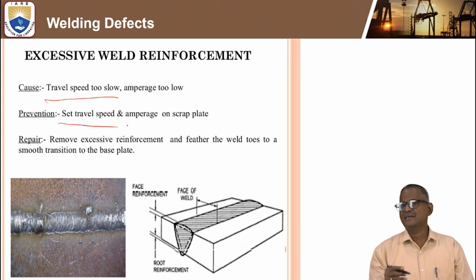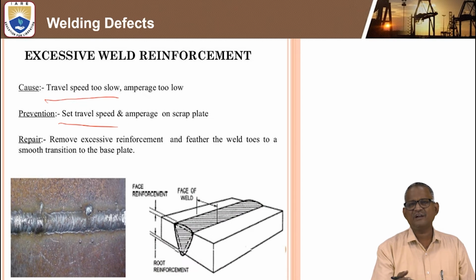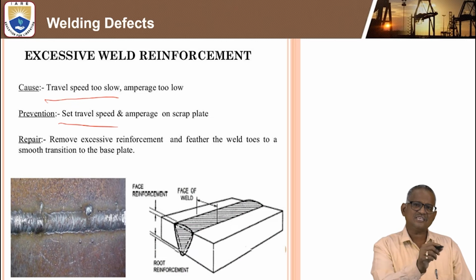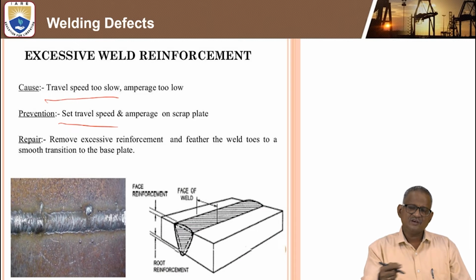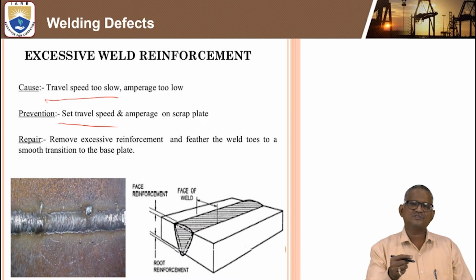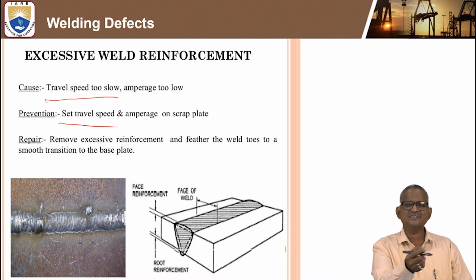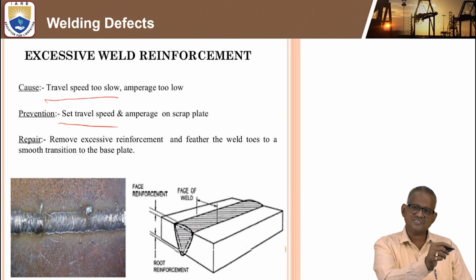Especially with some welding techniques and welding equipment, they can set how the electrode will move, properly set, like 1 mm per second, how much distance it can move.